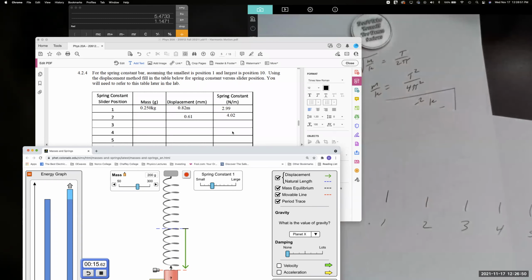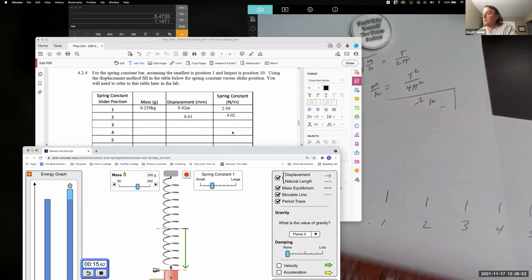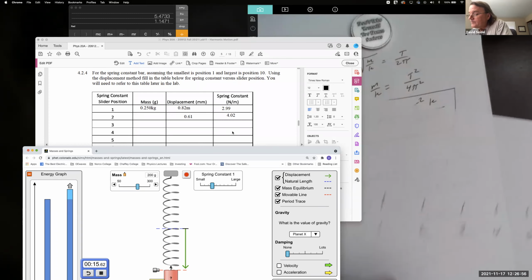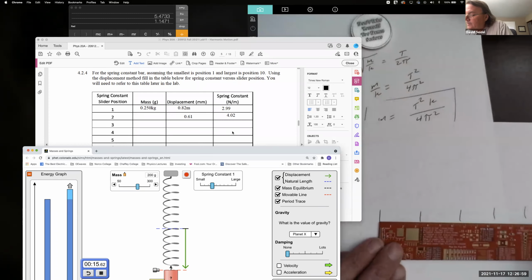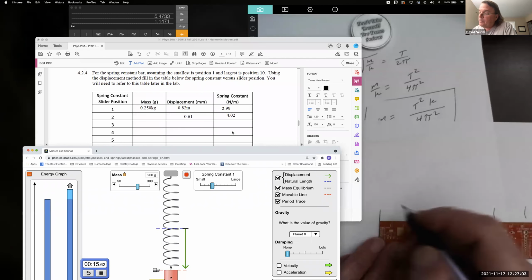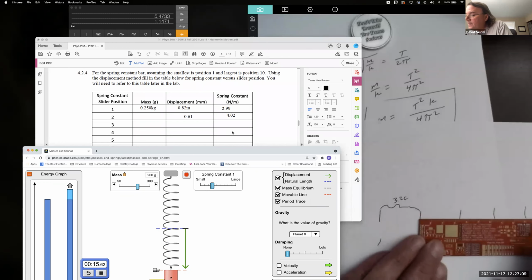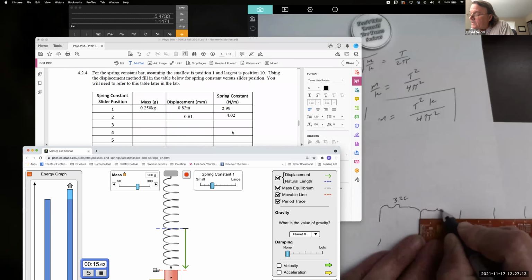But you needed to calibrate this. This division is 3.2 centimeters. This division was 3.3 centimeters. I don't have a very good ruler.